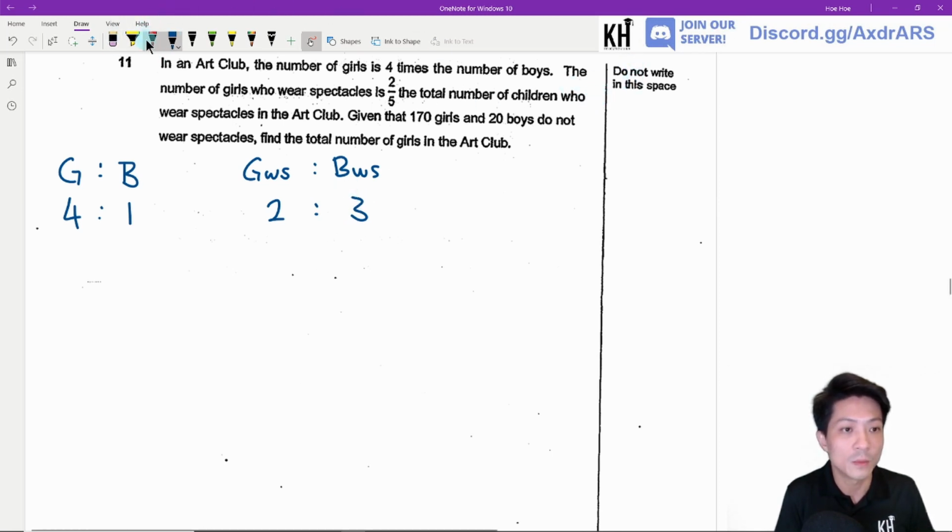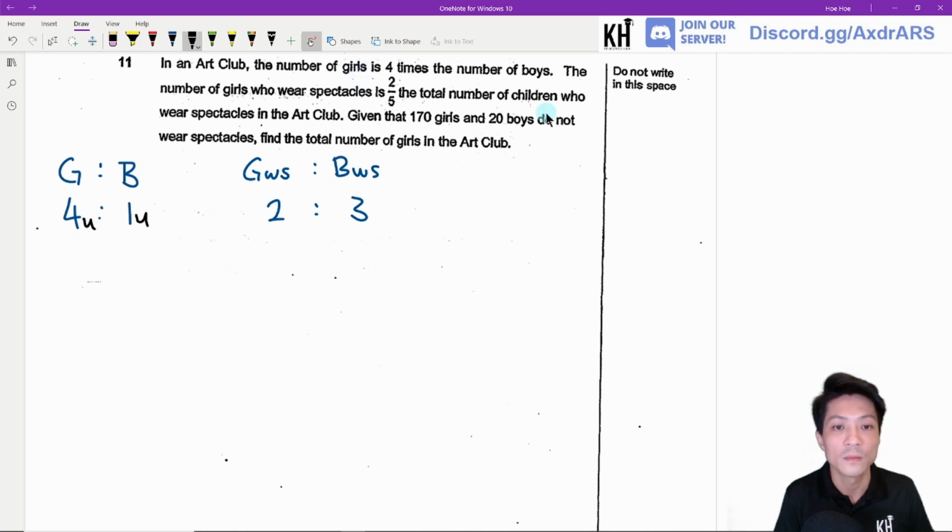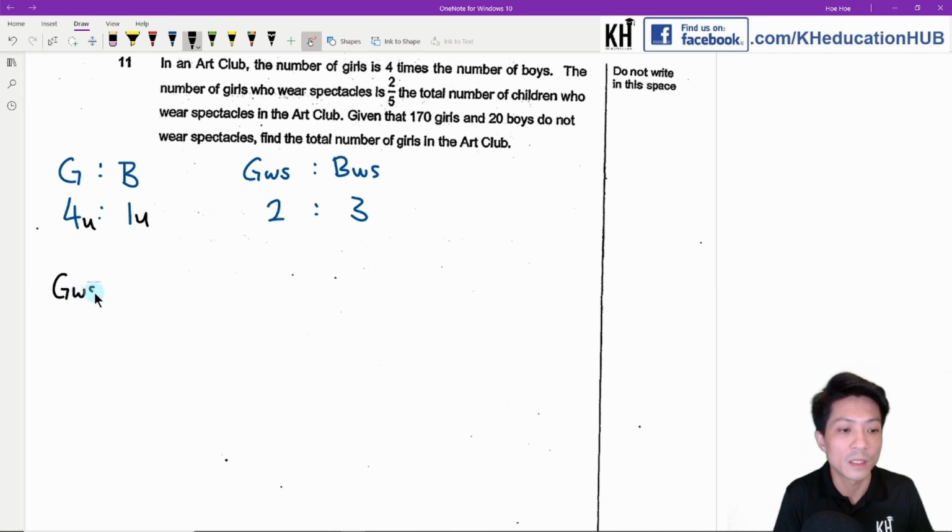So in this question, I'm going to use the units and parts method to solve this question. I'm going to treat the total number of girls as 4 units and the total number of boys as 1 unit. Since there are 170 girls and 20 boys who do not wear spectacles, the girls that wear spectacles is basically 4 units minus 170.